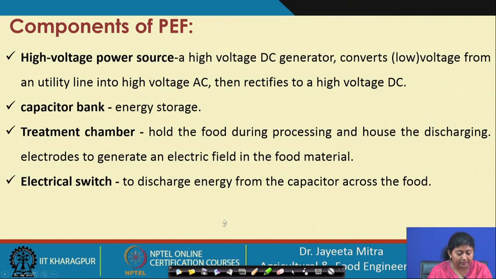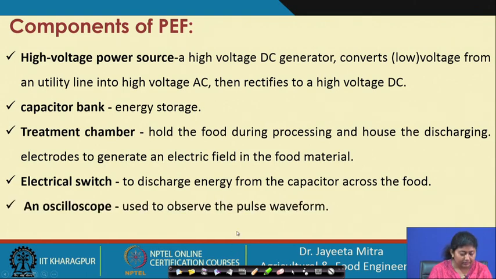Then there is a switch to discharge the energy that we have already stored in the capacitor to the chamber, so that it can go across the food. There is an oscilloscope that is used to observe the pulse waveform, that is in what form the pulse is acting on the food, and that can help to assess the detrimental effect on the microorganism.